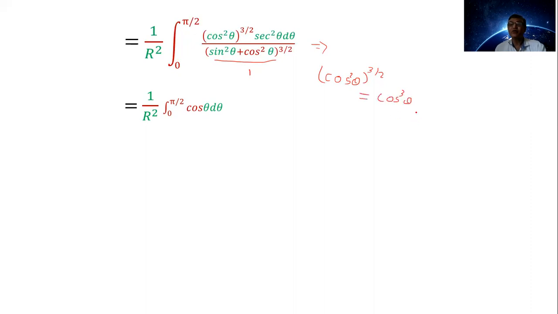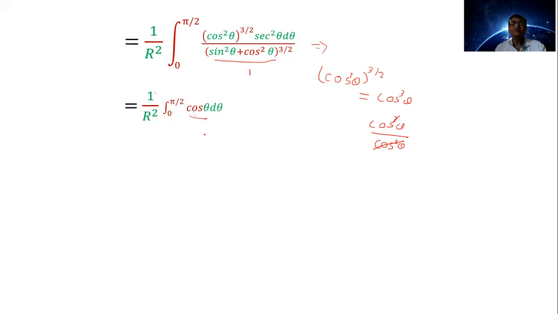We write cos cube theta into sec square theta, that is 1 upon cos square theta, and hence this cos square theta gets cancelled, and in the denominator we have left only cos theta and d theta. Finally the integral will be equal to 1 upon r square integral of cos theta d theta from 0 to pi by 2.